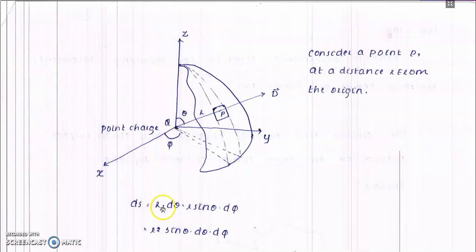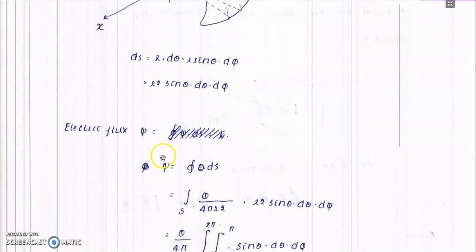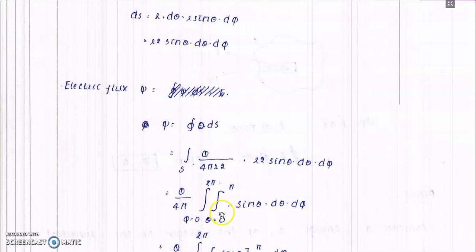So dS is r square sin theta d theta d phi. We know psi is equal to the integral of D dot dS, which is the surface integral of Q divided by 4 pi r square into dS. In place of dS, I substitute this value, because I am considering the example of a spherical coordinate system.